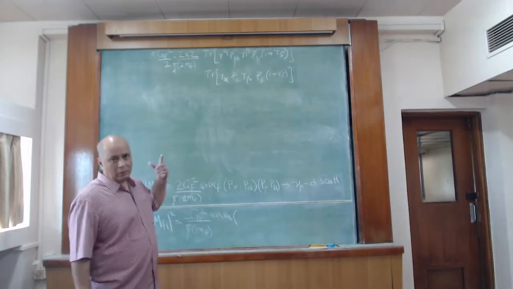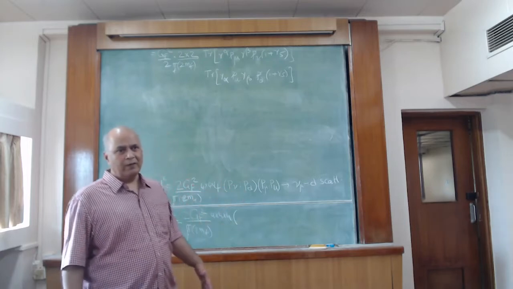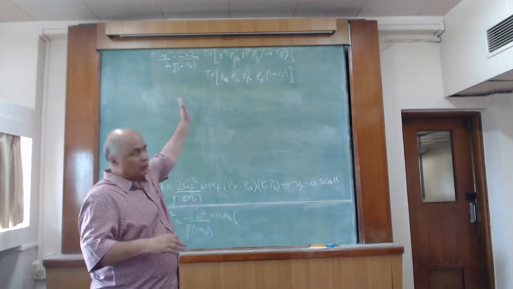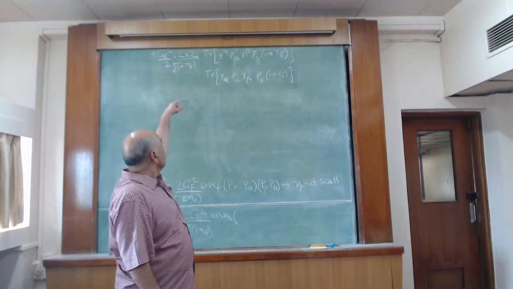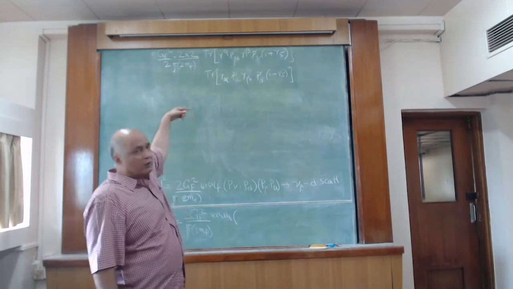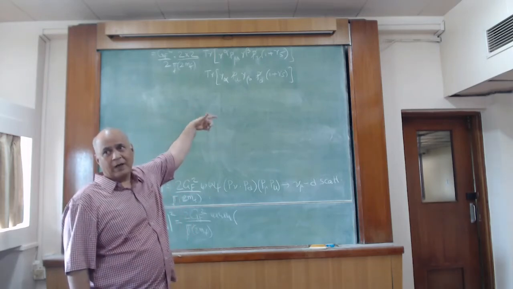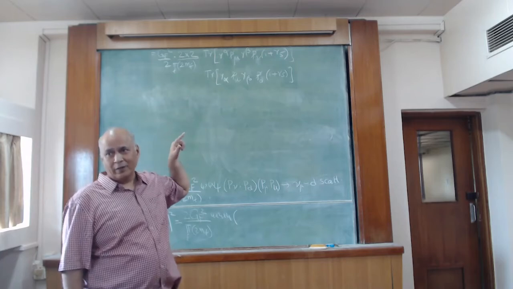If you remember, what survived when I took the product is the product of the first two momenta multiplied by the product of the second two momenta.